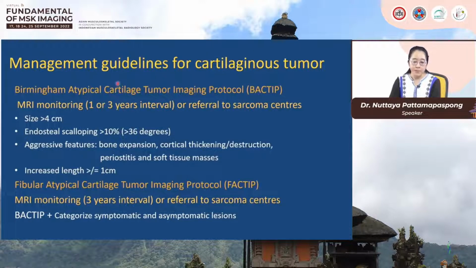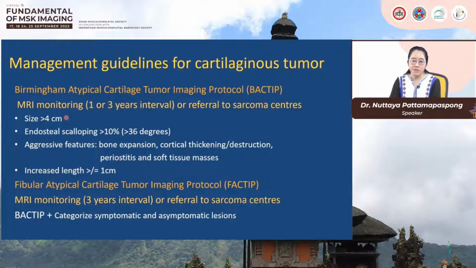When we look at Birmingham guideline, the management will categorize patient to the patient that may need to refer to sarcoma center or do follow-up in 1 or 3 year interval. The lesion size over 4 cm, endosteal scalloping over 10% of the circumference, or has aggressive features such as cortical thickening, cortical destruction or soft tissue mass, or lesion that increases size over 1 cm will need special care.